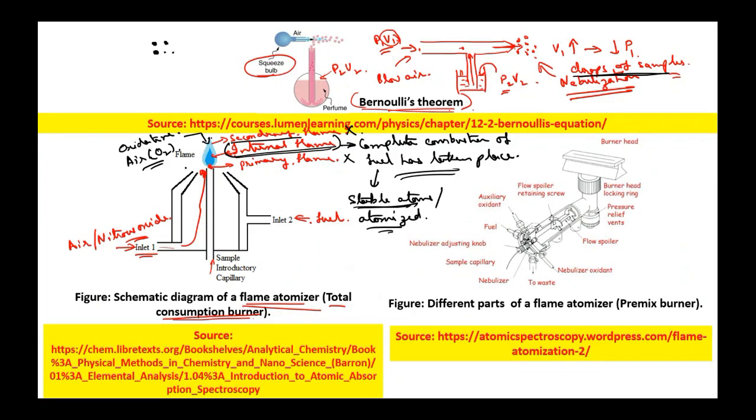So the flame that is being produced, many a times it is an unstable flame. Okay, so you may get some noise over here. The signal to noise ratio will not be very high.